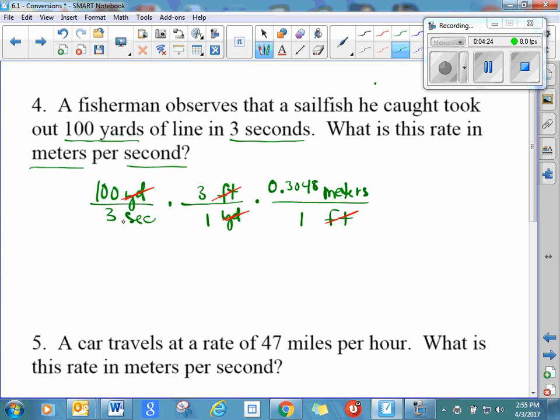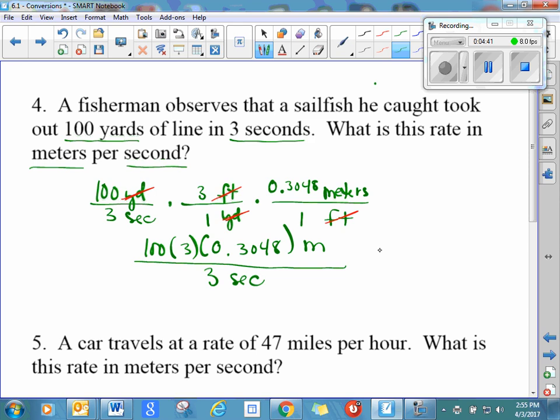So if you multiply straight across, you get 100 times 3 times 0.3048, and those are meters. And in the denominator, we have 3 times 1, which is 3, and that unit is seconds. So if we clean this up and you actually do this multiplication for the numerator, you get 91.44 meters. So do that, satisfy yourself, over 3 seconds.